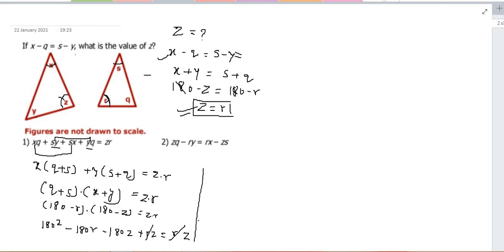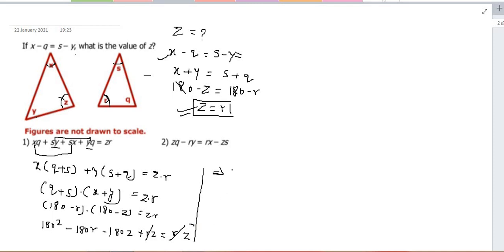So when I cancel this out, what do I get? I can simplify this. I can multiply both sides of the equation by negative 1.